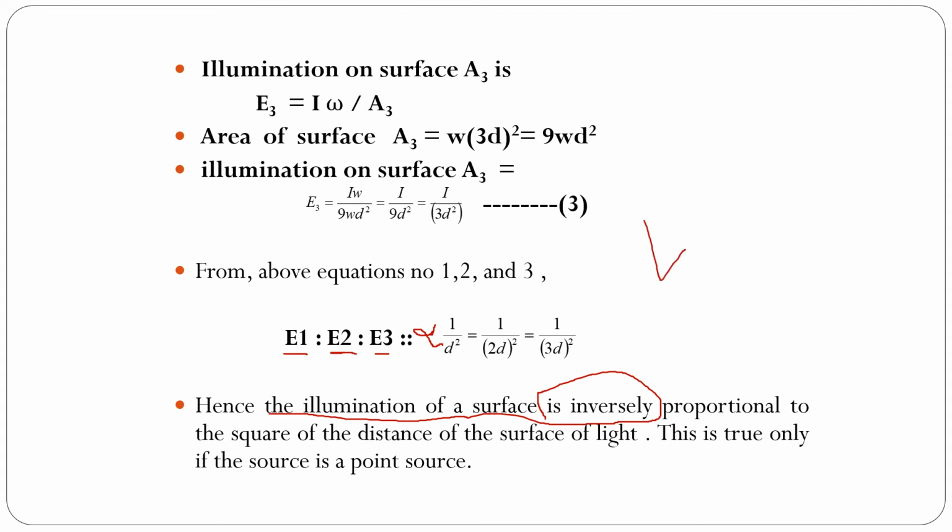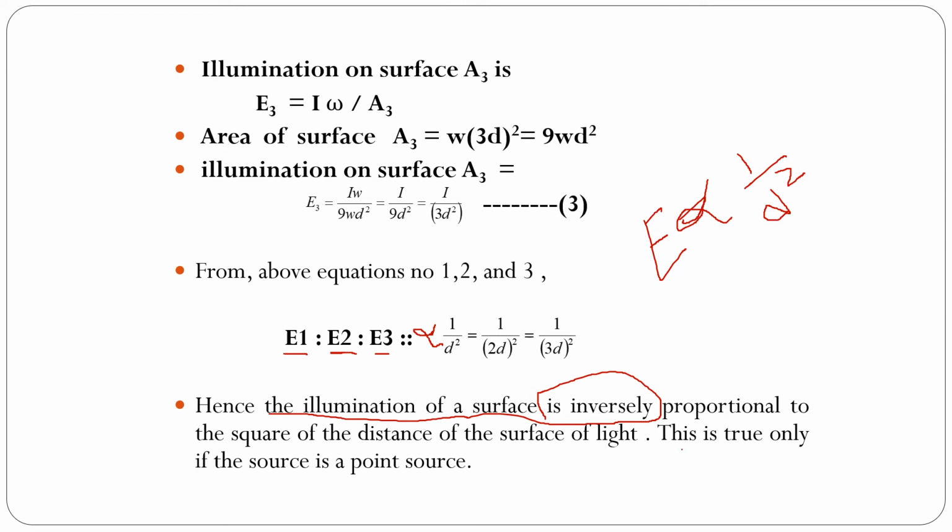So if I consider E, the illumination for that particular area, is inversely proportional to the square of the distance of the source of light.